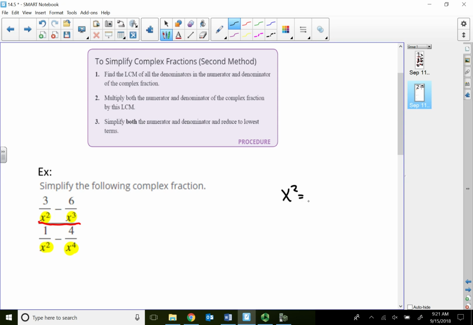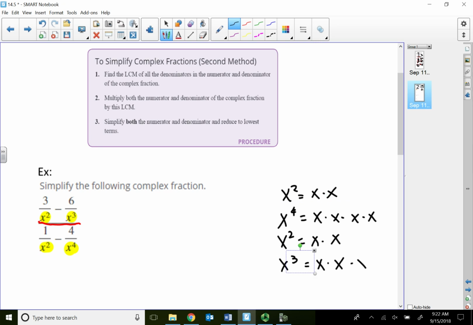Remember now, x squared means x times x. It's only one term, but it has two factors. x to the fourth means x times x times x times x. Another x squared is x times x. Oh, sorry, I missed the one. x to the third means x times x times x.